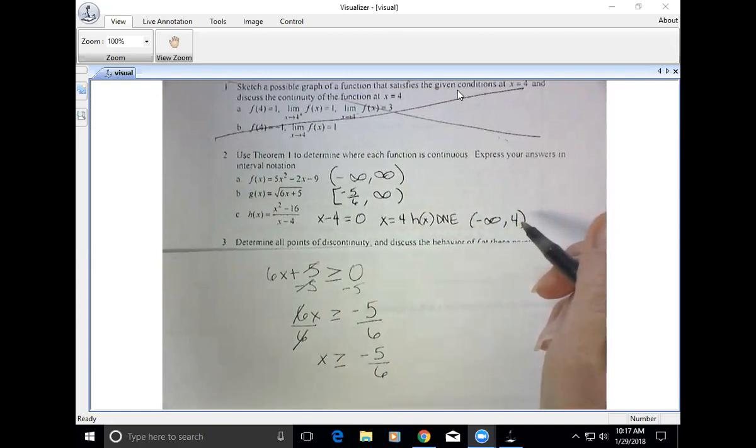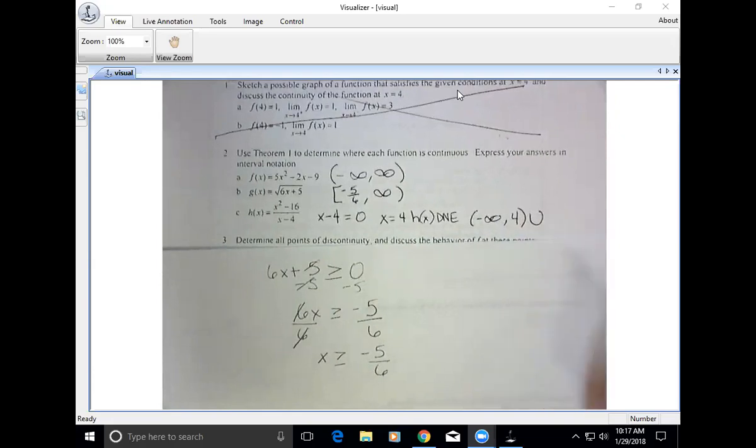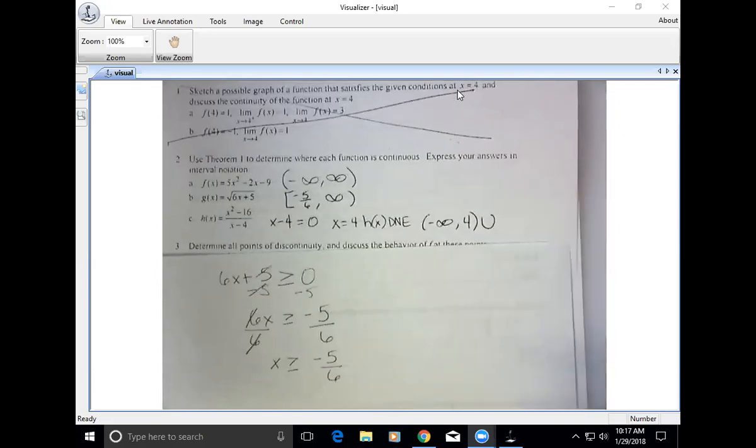Do I have more values I need to include? That means I need a second interval. So I put a big U for a union sign to show there's more than one interval, and I'm going to start where? 5. Yeah, if I start at 5, it means I'm going to skip any value between 4 and 5. Do I still want to count those?